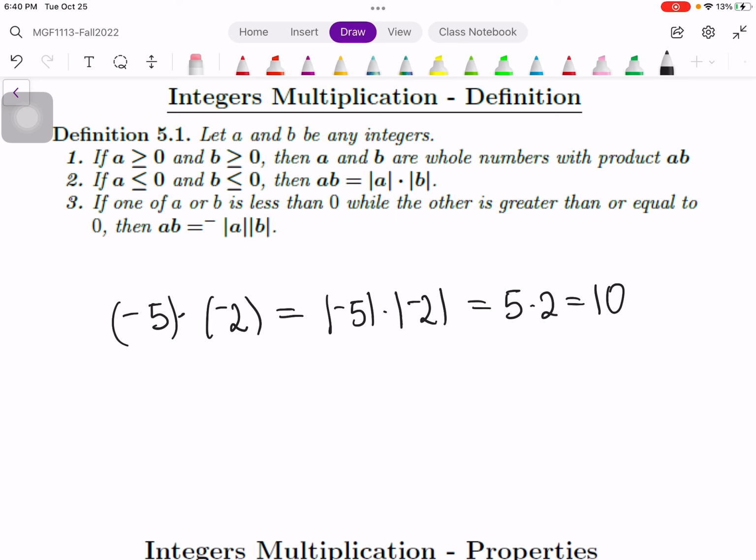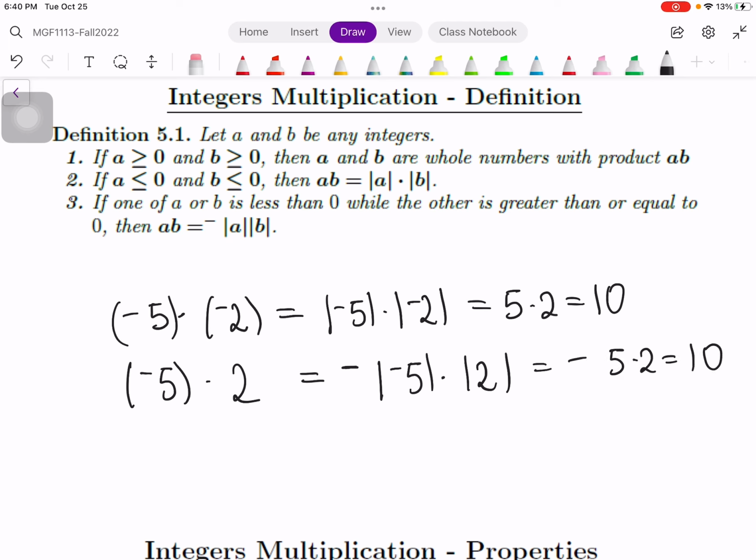And if one of the numbers is negative and the other is positive, then it's like multiplying their absolute values like before, except that I know the entire solution will be negative. So a negative number times a positive, I can rely on multiplying whole numbers because I just multiply their absolute values, but I know it will produce a -10, right?